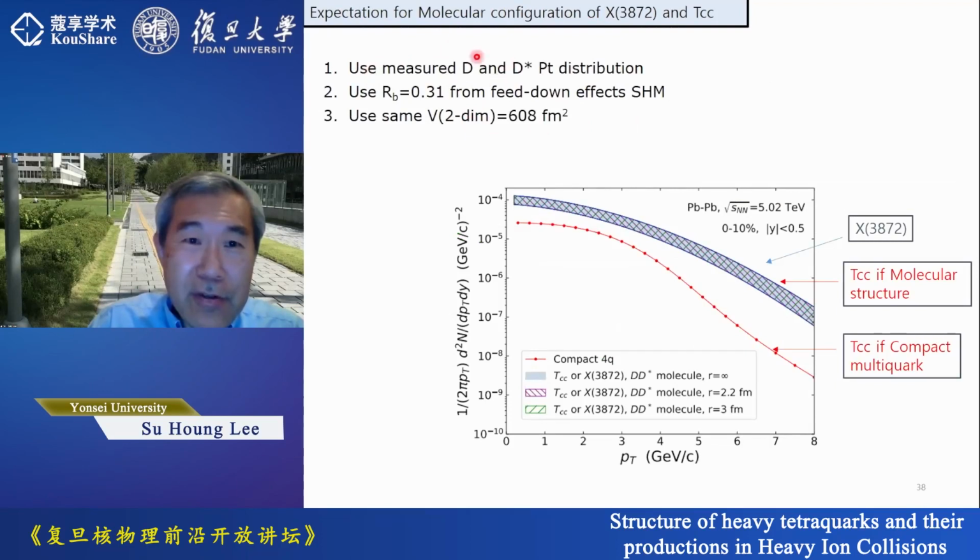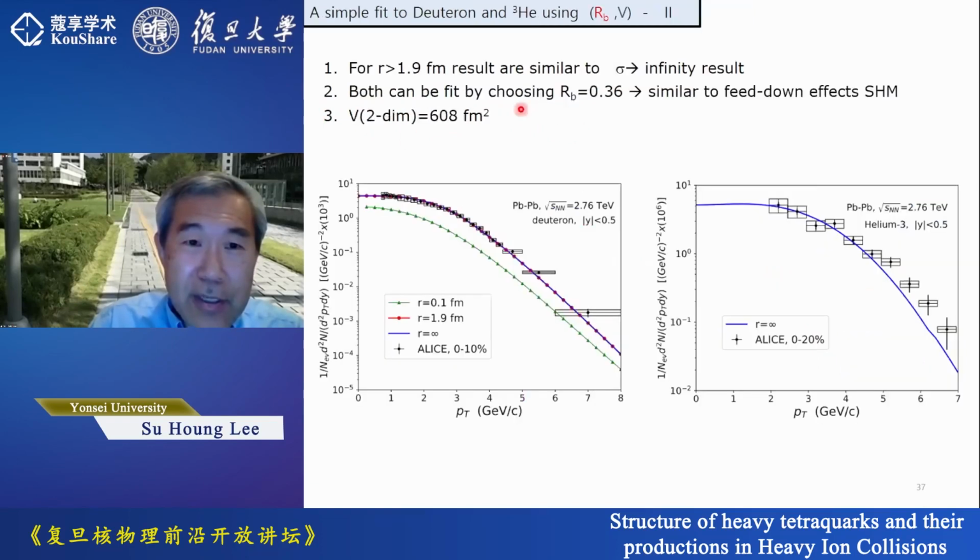So this is what we did. We first used the D and D star measured in lead collisions, and then used D as the 2 input distributions, and then scaled them using the feed-down effect calculated from the statistical model. And then, assuming that they coalesce at the same point, we use the coalescence volume as we discussed.